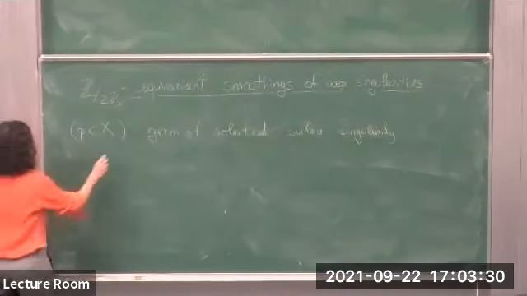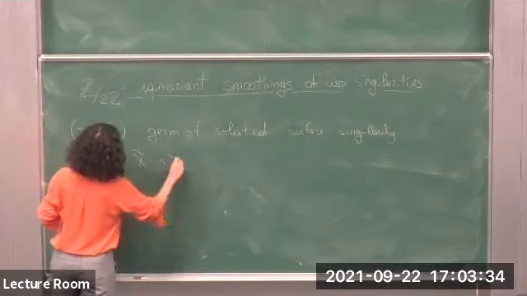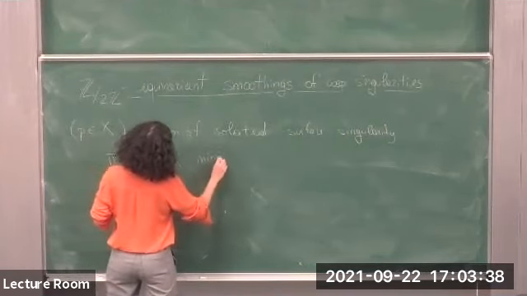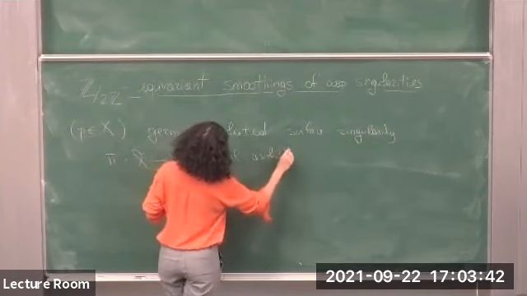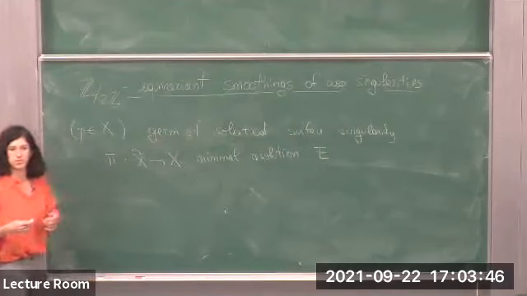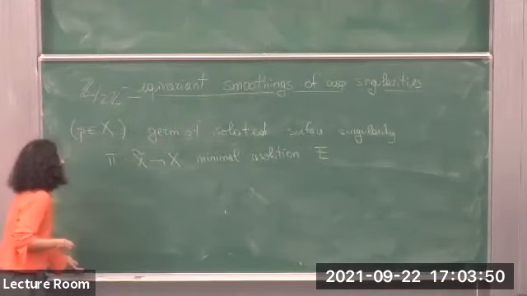Then let's say pi from X tilde to X is the minimal resolution, and E is the exceptional divisor, so the pre-image of the singularity.